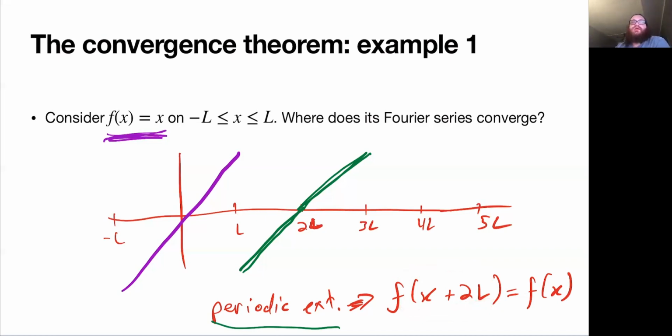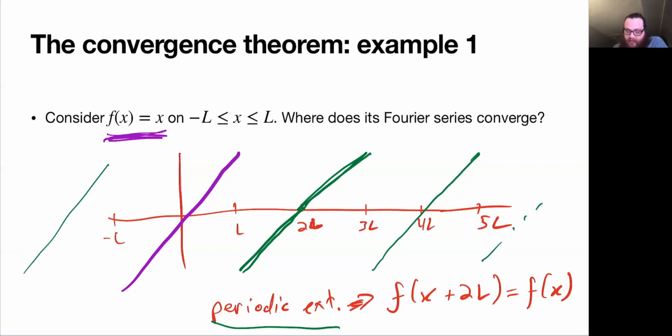So that's equal to f of x plus 2L, which is equal to f of x. So the point is, if we're sketching the periodic extension, sketch the same thing over there, and then it keeps going. Likewise, going the other direction, we'd expect the periodic extension to look something like that.